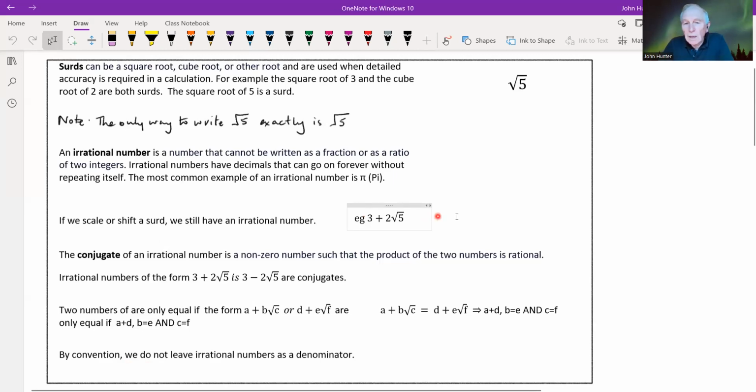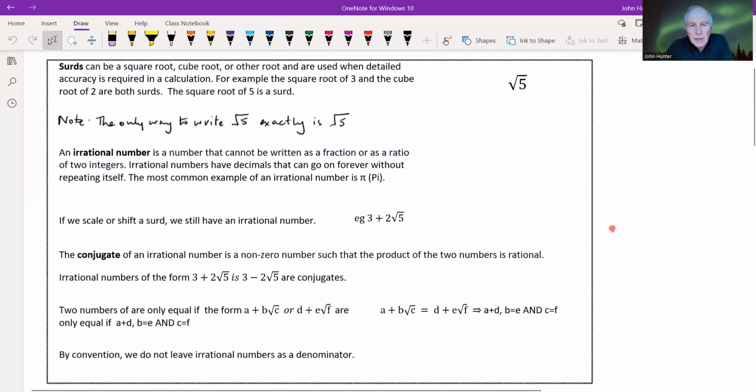But by convention, we don't leave the number in this form on the denominator, and by using conjugates, we can always turn the denominator into a rational number, although that will generally leave the numerator as irrational.